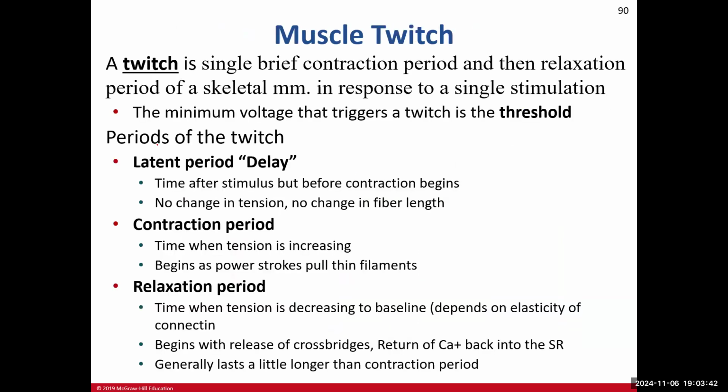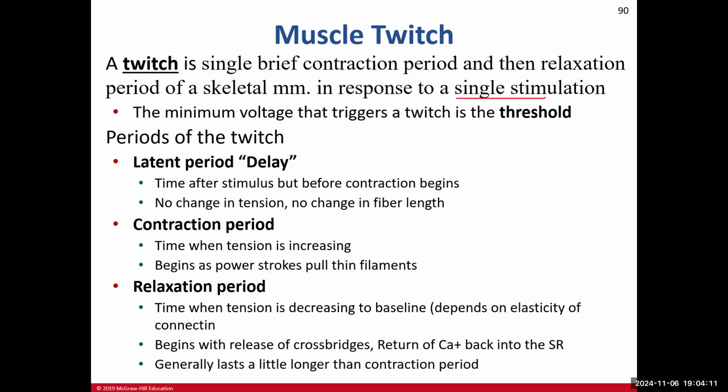Now we're going to see how we manipulate that to get it to contract harder and longer. So the definition of an actual muscle twitch, you want to know this: a single brief contraction period followed by relaxation, and that all came about with a single stimulus.